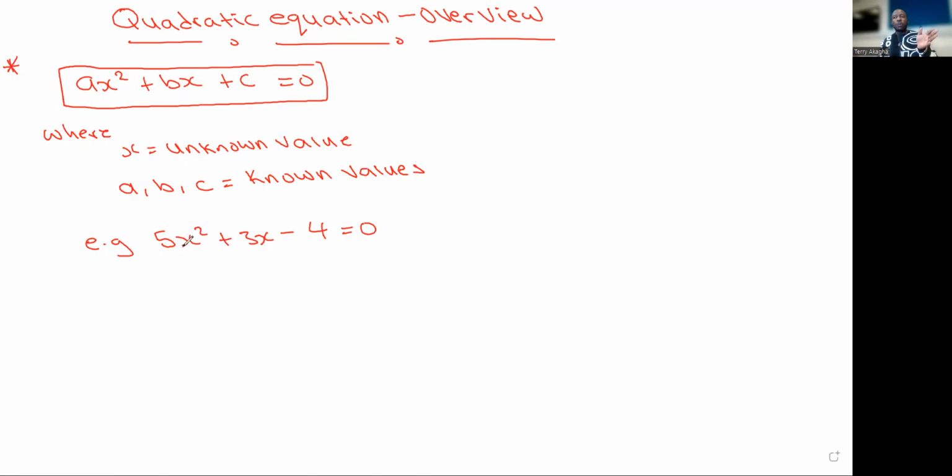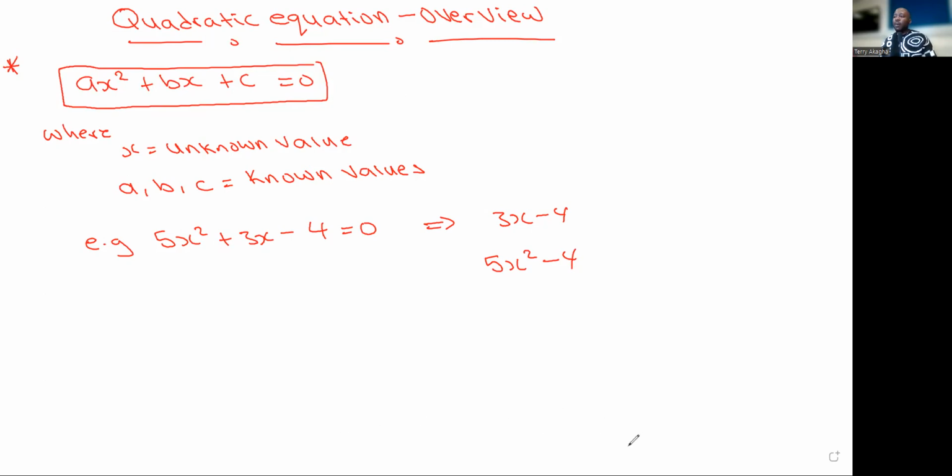So it's possible to have missing b and c. If you have something like 3x minus 4, this is now a linear equation. But it's possible to have 5x squared minus 4. This is still a quadratic equation, but a can never be 0.